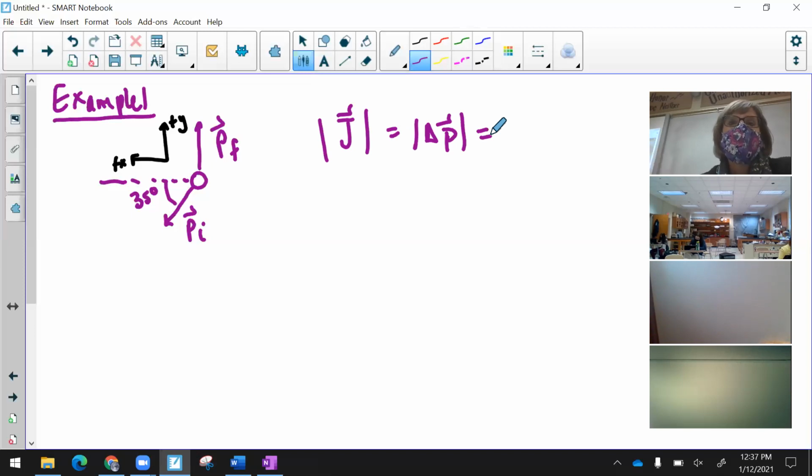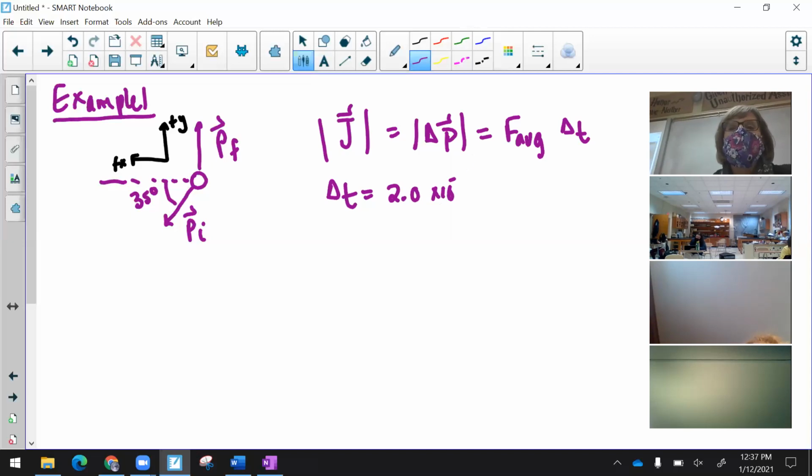in momentum, which is going to be equal to F average times delta T. And they're even so kind as to tell us that delta T is 2.0 times 10 to the minus 3 seconds.